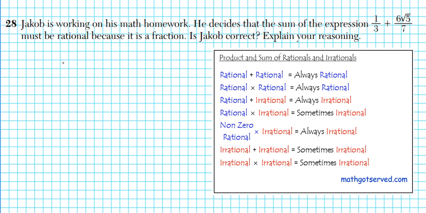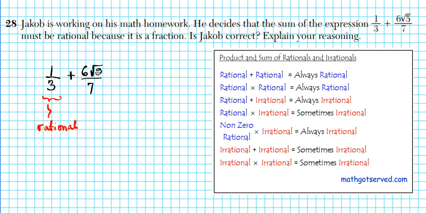So let's go ahead and quantify what set these two numbers belong to. The addends. 1/3. This number, this fraction, can be expressed as a quotient of two integers. So if you can express a number as the quotient of two integers, it's a rational number. Okay?